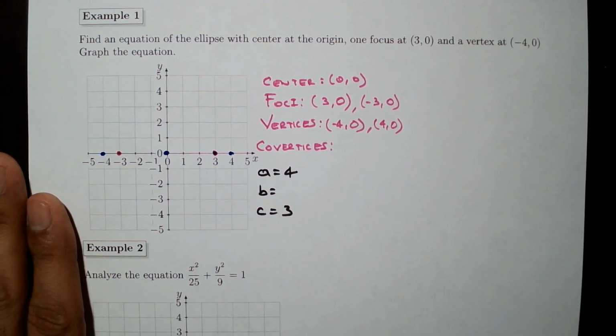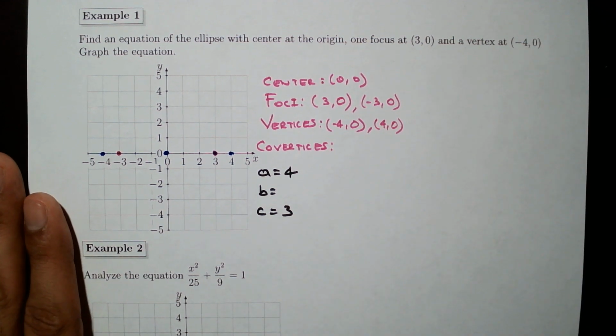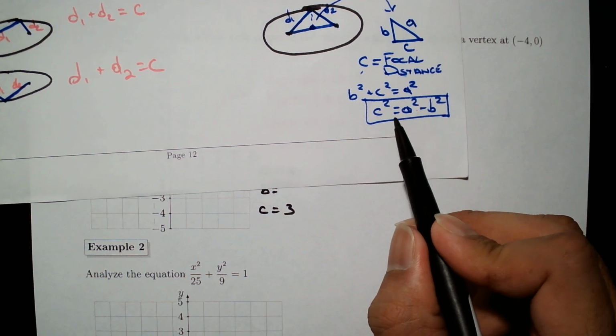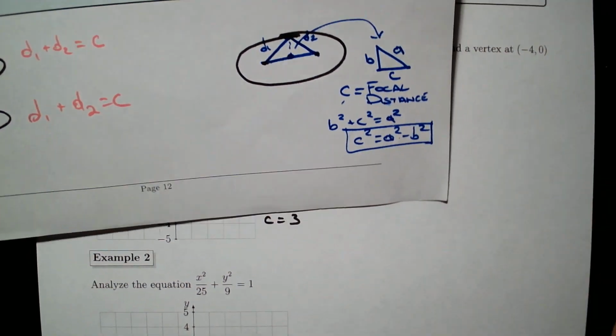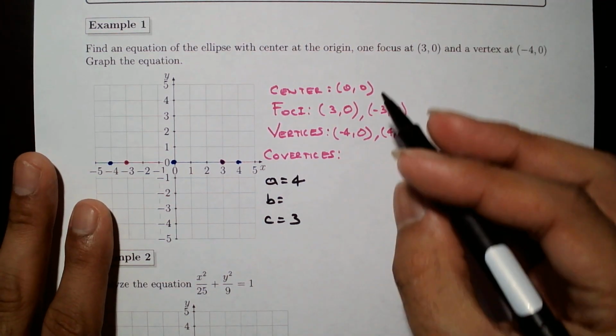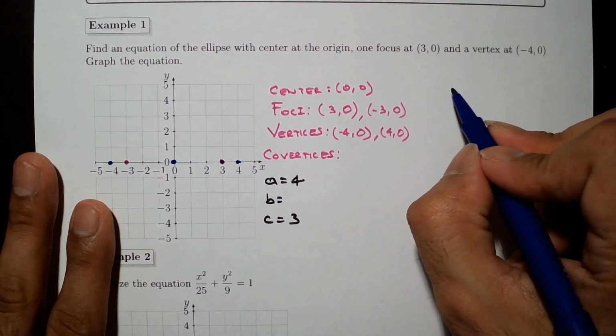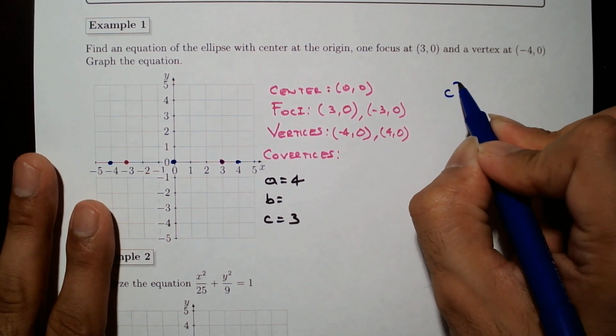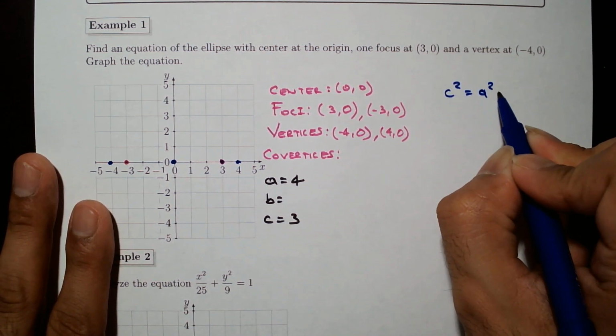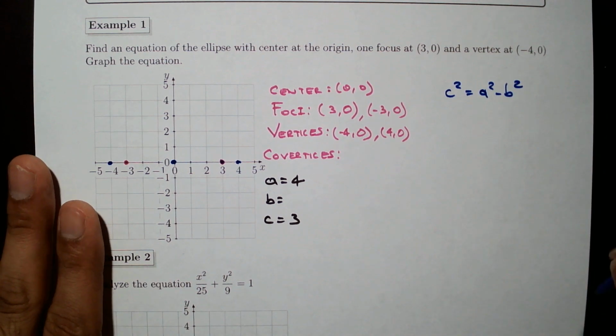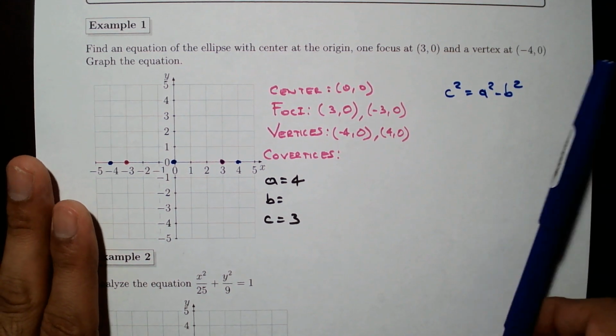In order to find what B is, we're going to use the formula that I showed you earlier: c squared equals a squared minus b squared.